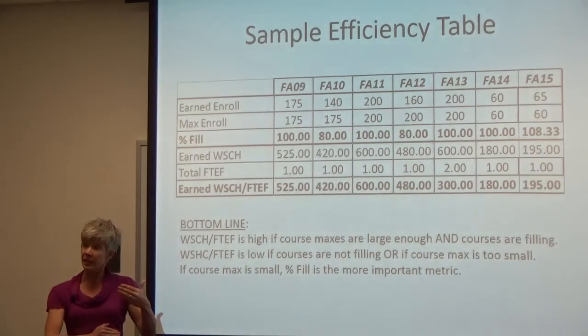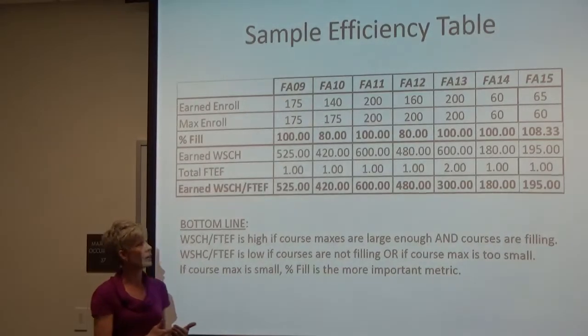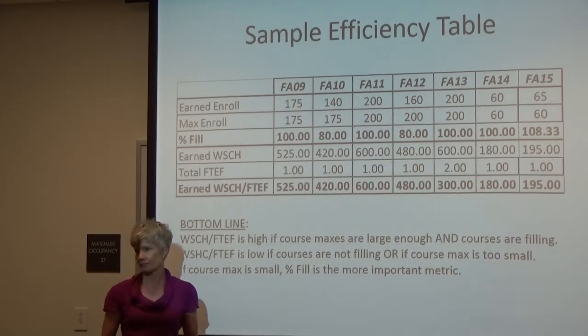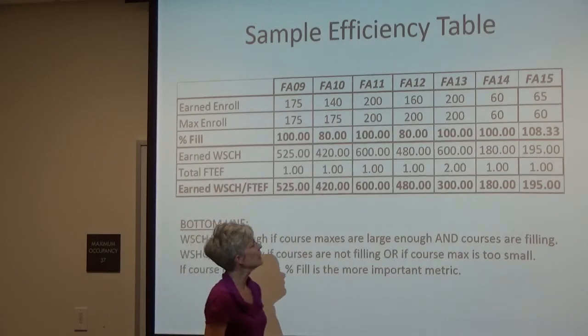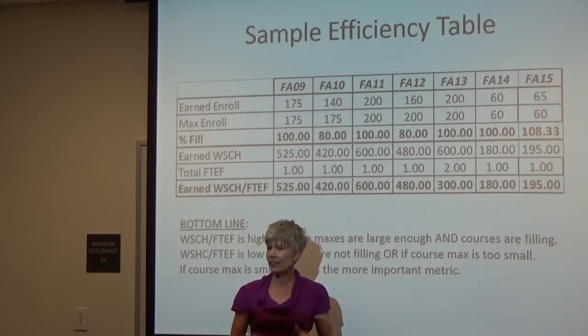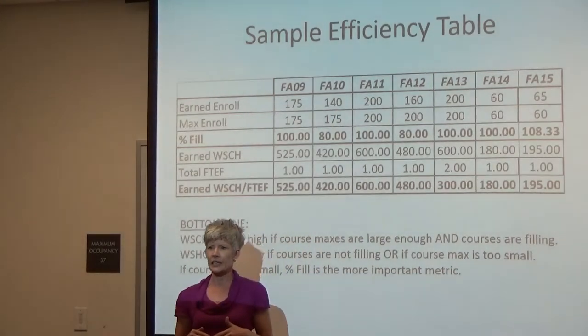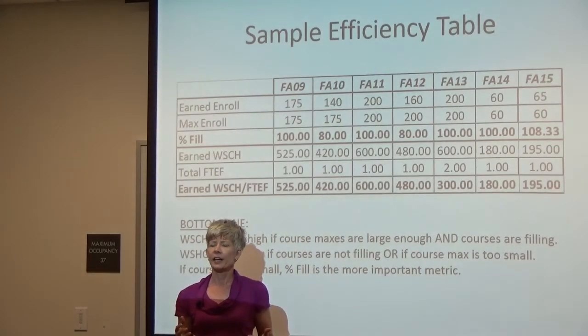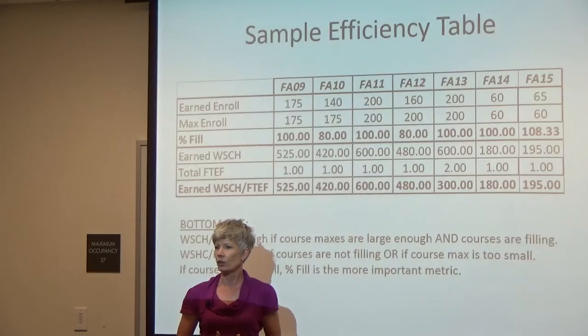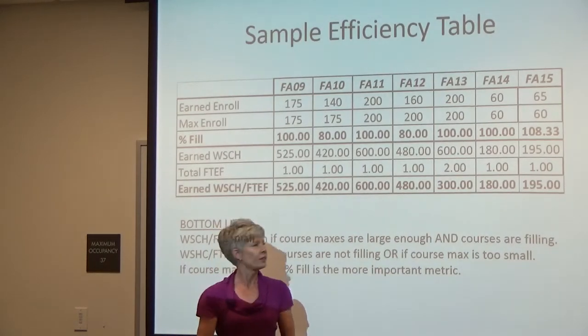You have the same FTEF, so we're always going to have a higher wish per FTEF when our courses are full than when they are not. The third variable is course sizes. We may have a cap on our course size so that we do not have course sizes big enough that, even if our courses are completely full, we can possibly get to 525.